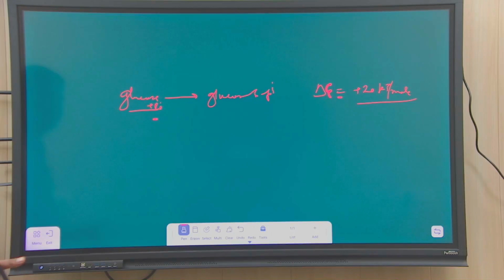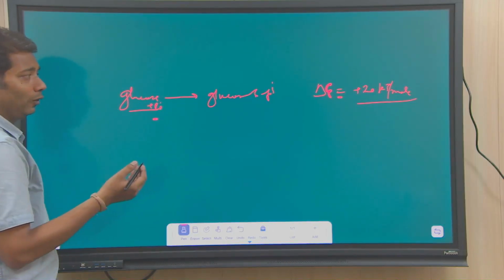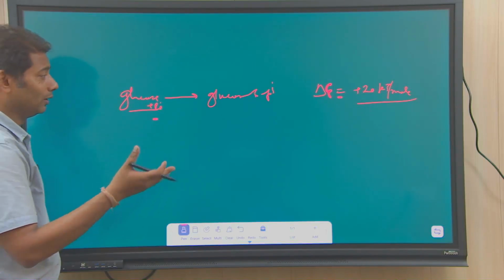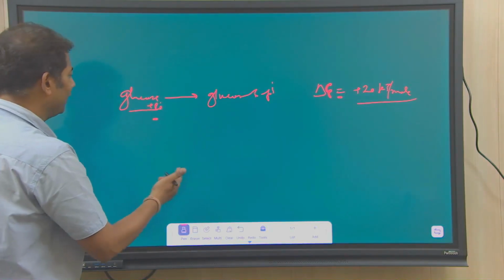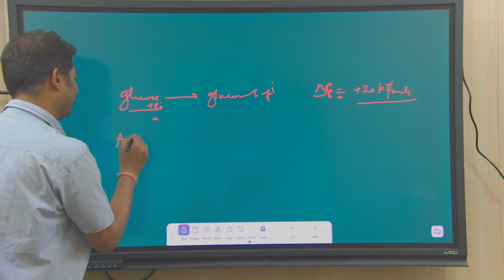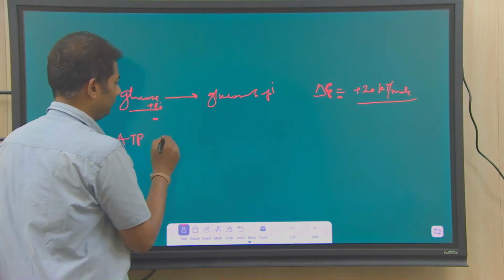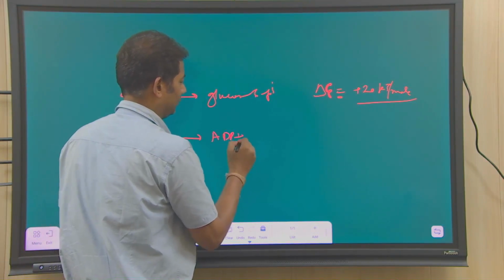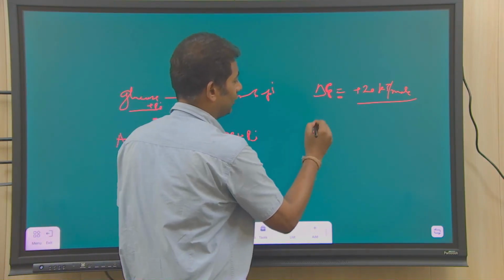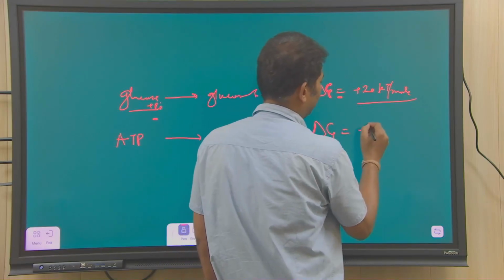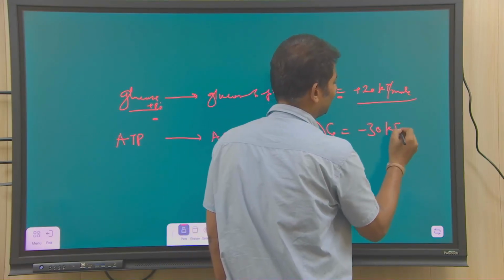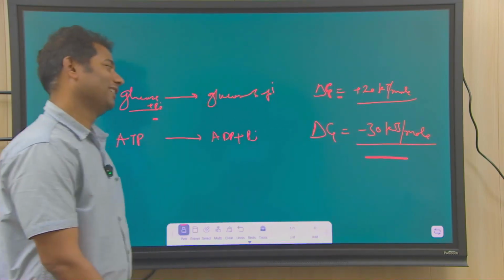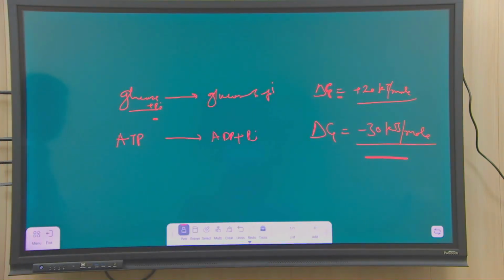First, to make it feasible, what does the cell do? I'm writing here another reaction, that is ATP hydrolysis. This reaction is highly spontaneous as its delta G is minus 30 kilojoule per mole. What does the cell do?